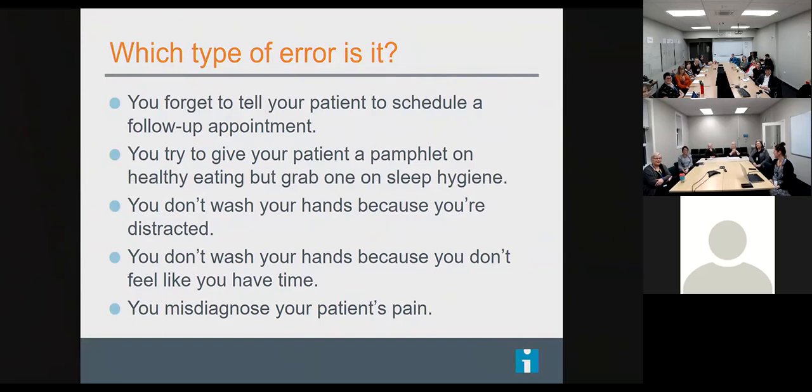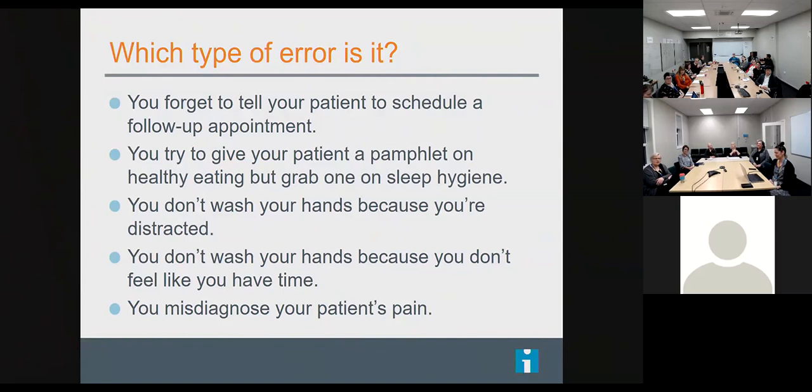So what would that be? If it's not a lapse or a mistake, it's a violation. It's a violation. So if you're a surgeon going in to do a surgery and you don't wash your hands because you've been called in at the last moment and then you put your hands on the patient. Okay. Yeah.